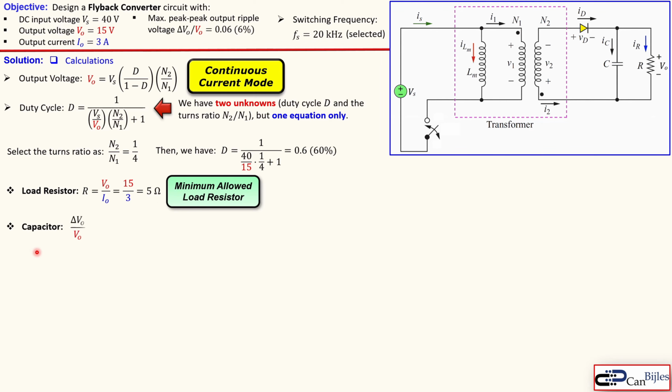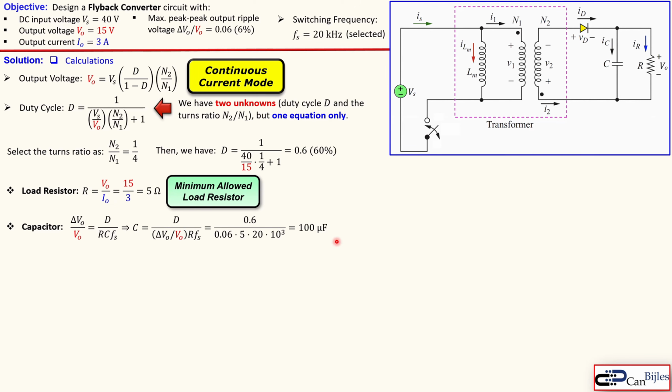The capacitor is important and that's related to the switching frequency and the duty cycle. And the resistor, so we can use this, and this ratio is given in the specification as 0.06. So you rewrite this, expressing C in the other parameters: the 20 kilohertz for our switching frequency we have selected, the duty cycle we have calculated here, 0.6, the 0.06 from the specification, and the 5 ohm from the load resistor we calculated as the minimum.